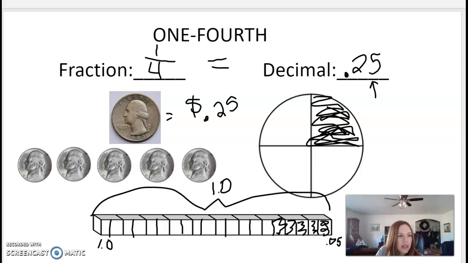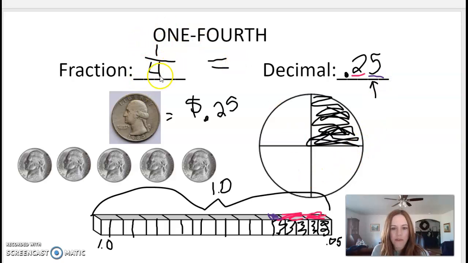And if you think about it, that's also the same as 2/10, 1, 2, which is what I have represented here. And then half of that is 5 hundredths, which is represented here.